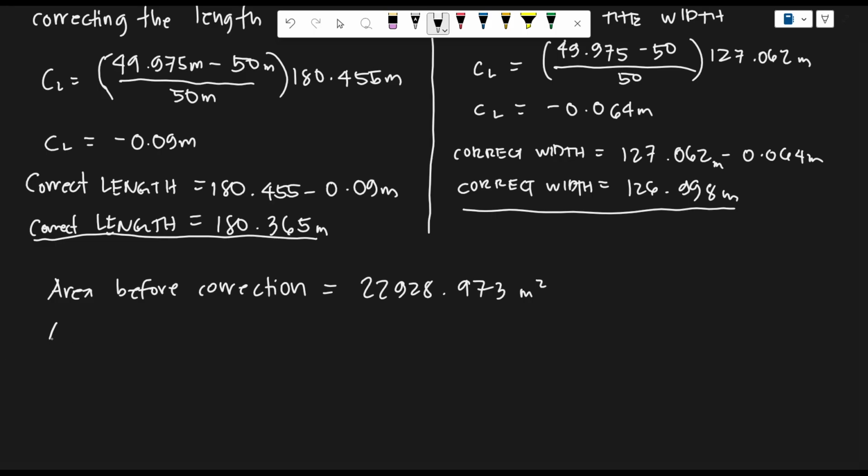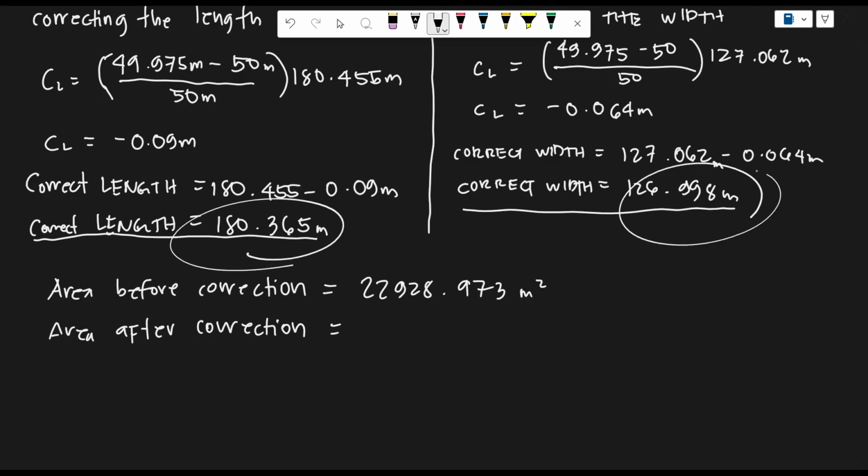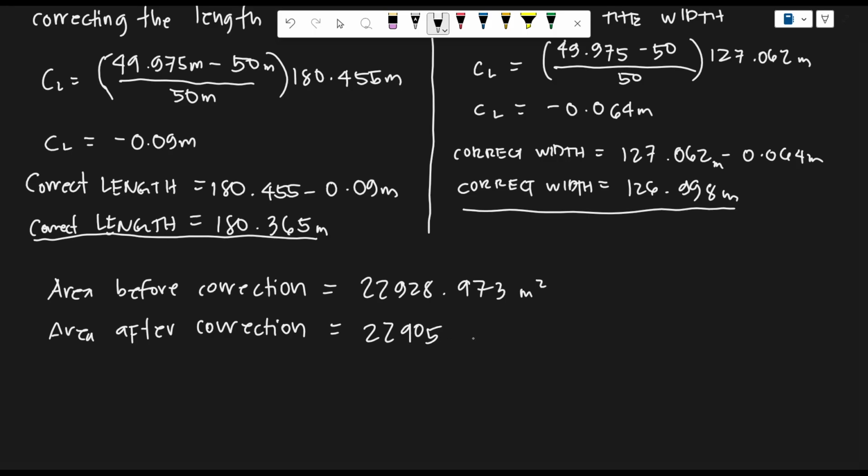Now let us determine the area after correction. So if you multiply this one right here and this one, what will we get? We will get now 22,905.994 square meters.